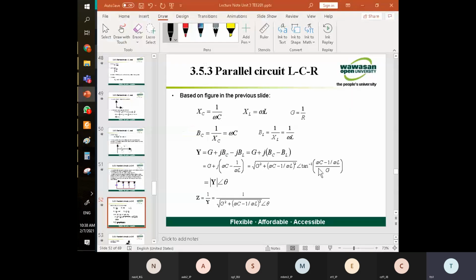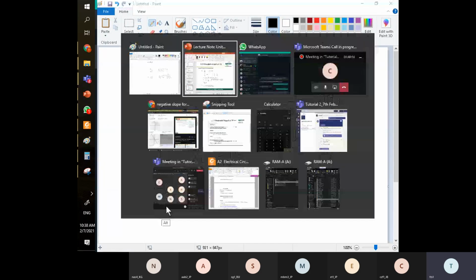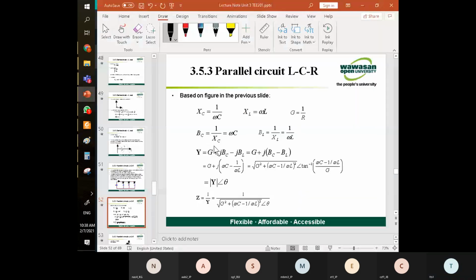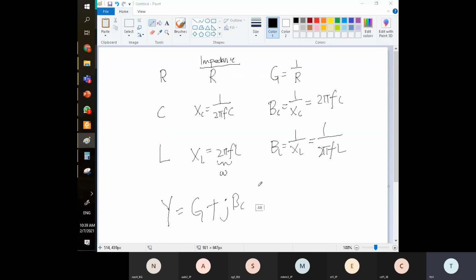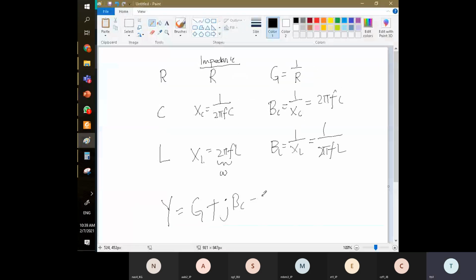To sum up the parallel circuit, the total they call Y is equal to G plus jBC minus jBL. This is minus because these two are opposite each other, right?